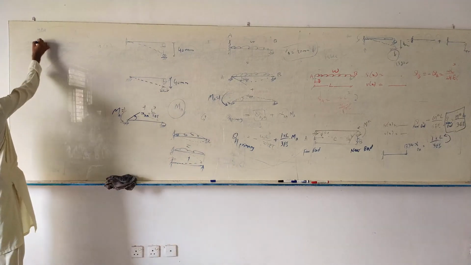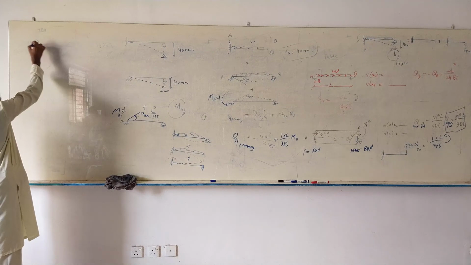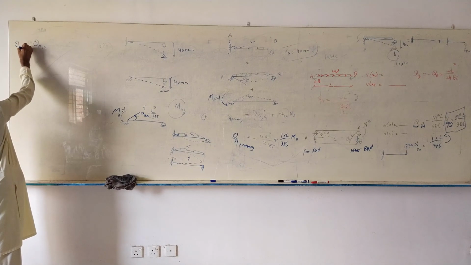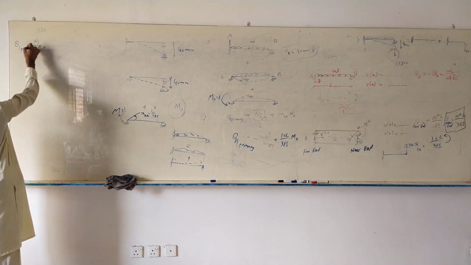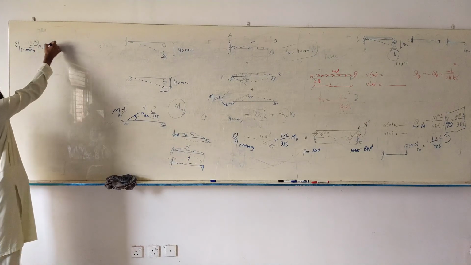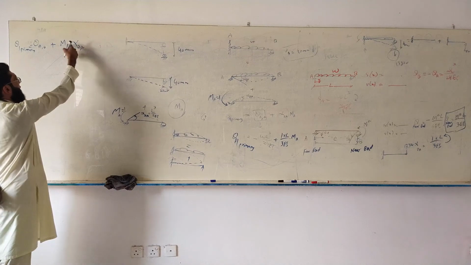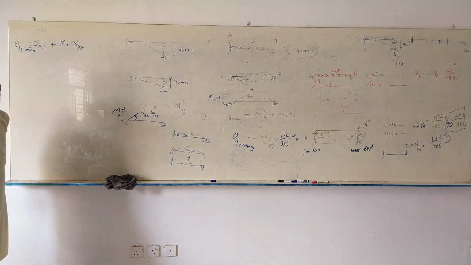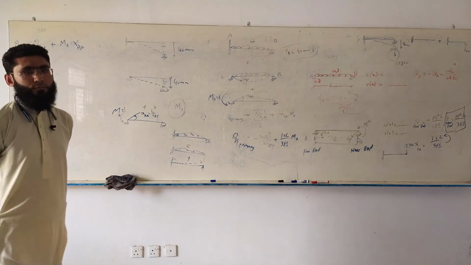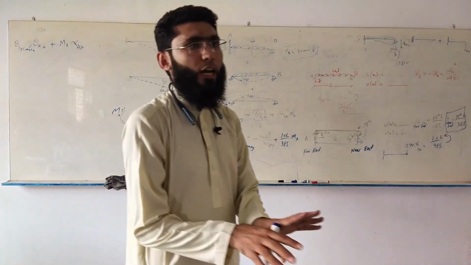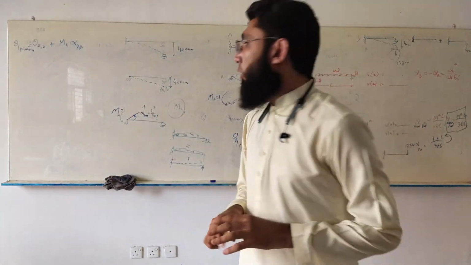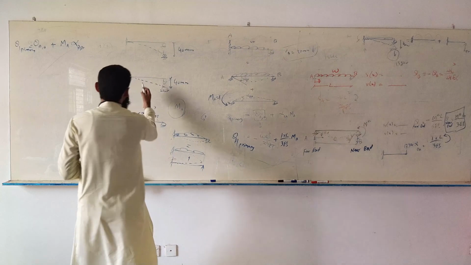Okay, theta A naught. So I'm finding theta primary structure equal to theta A naught plus MA times alpha AA, or vice versa. This is the equation. This is not the compatibility equation yet, but this is how you're going to sum up. Where is theta A naught? This is theta A naught.